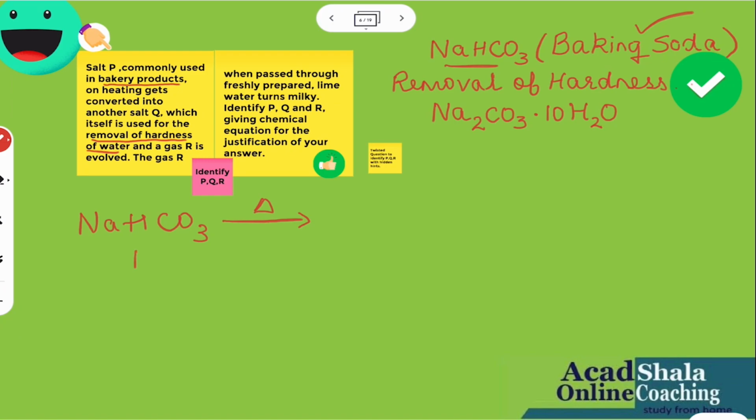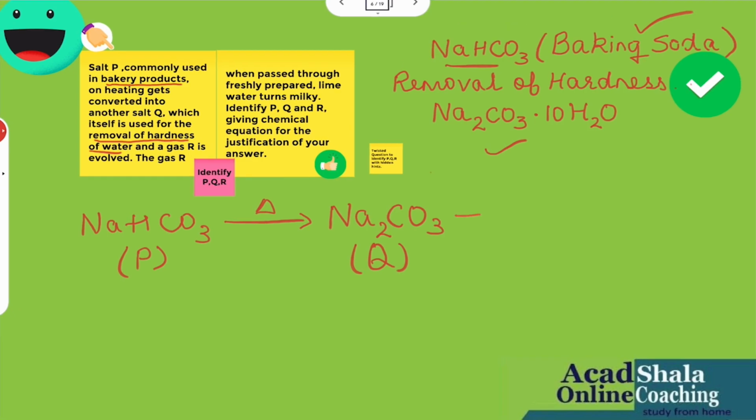This was P in the starting, they told us. And it gets converted into another salt Q, which itself is used for removal of hardness of water. What is it? That is Na2CO3. What we will write? Na2CO3. This is Q, according to the question. And we will also get a gas, that is carbon dioxide.